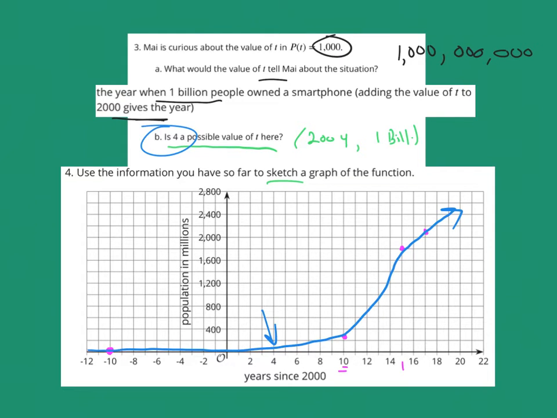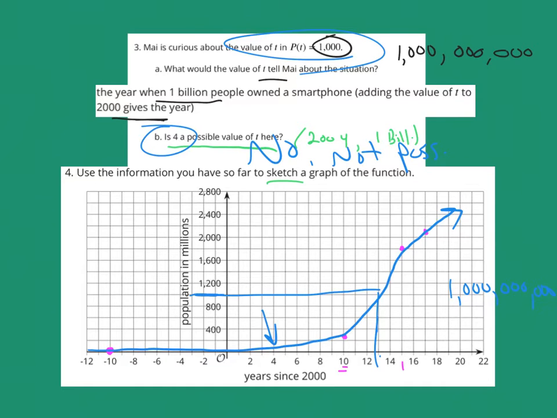But anyway, look at, is 4 a possible value of T? Is it possible that 4 is when we hit 1 billion? I don't think so, because you would need 1,000 for our graph to indicate 1 billion. So 1,000 doesn't happen until right around here. So I would say no, not possible.